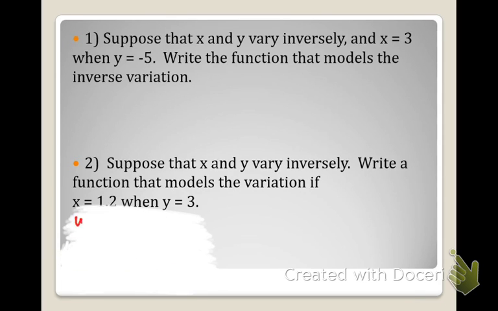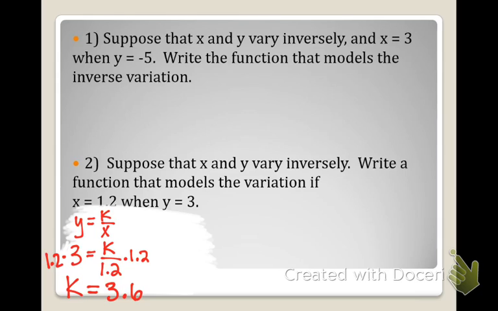It's not the only one. So in order to find k, what are we plugging in for y? 3, and in for x, 1.2. In order to get k alone, we have to multiply the 1.2 on both sides. And what do we get for k? K equals 3.6.